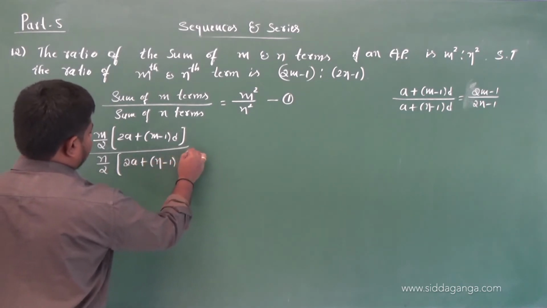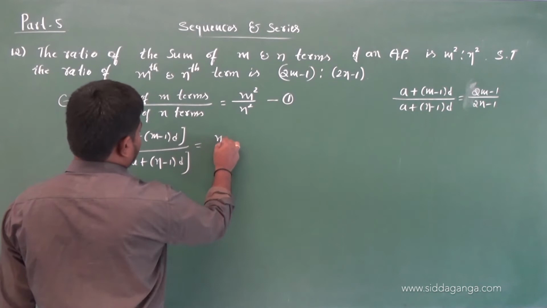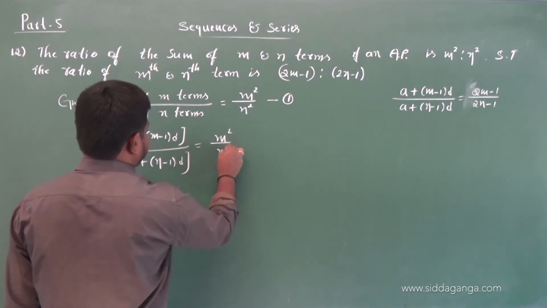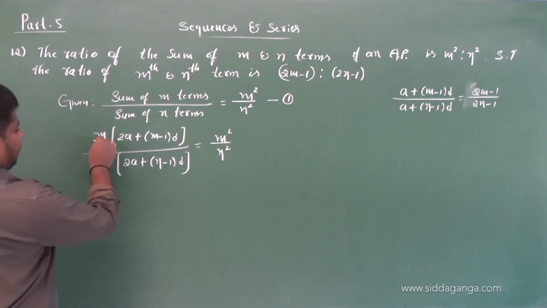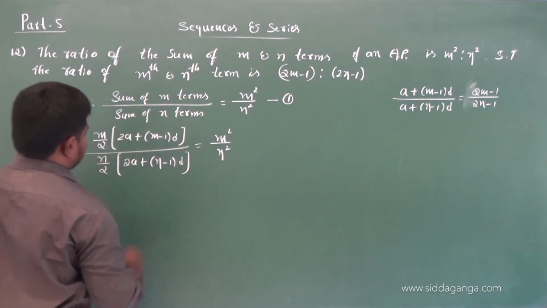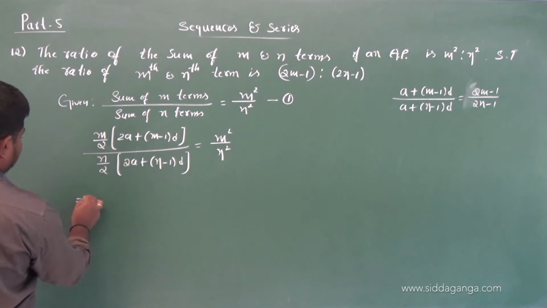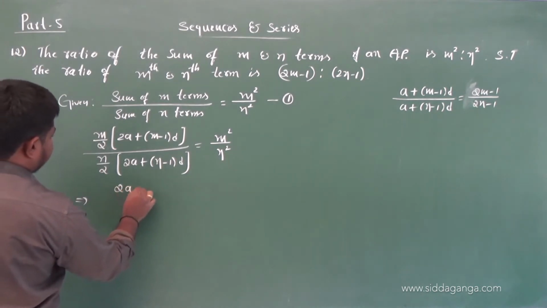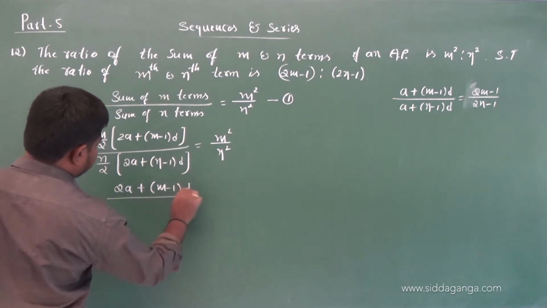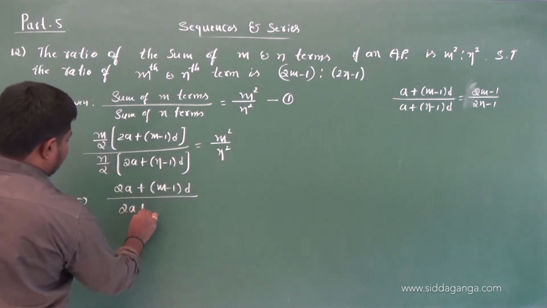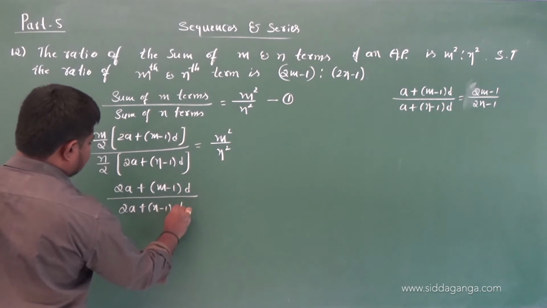This is given as equal to m square by n square. So here 1 by 2 gets cancelled and one m and one n get cancelled. What remains is 2a plus m minus 1 into d divided by 2a plus n minus 1 into d.